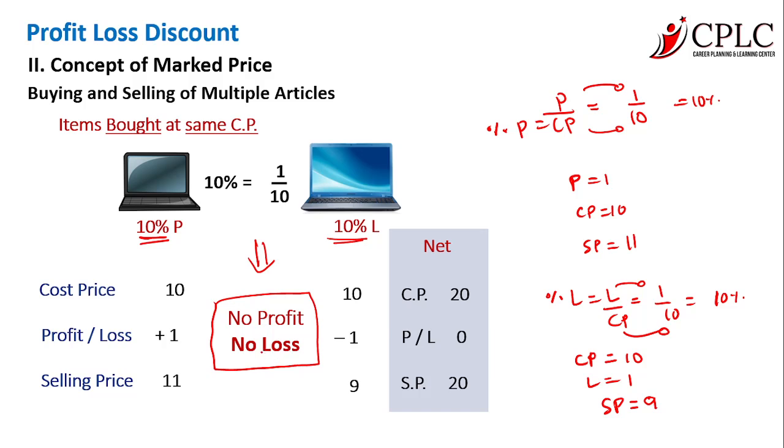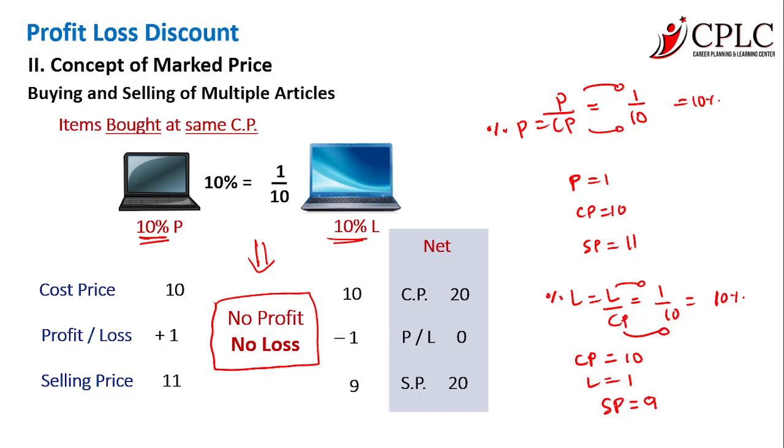You don't have to do anything else. And that's the shortcut. But mind you, the conditions are very important. Cost price should be same, and percentage profit and percentage loss the number should also be same. Only and only then it is applicable.